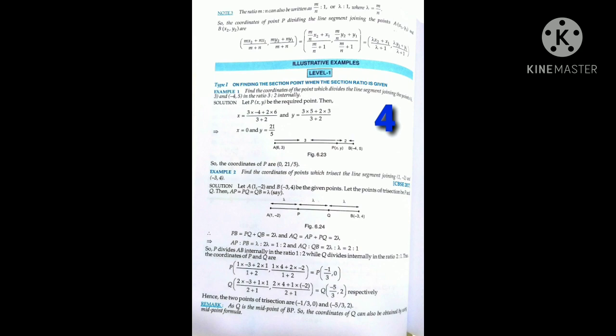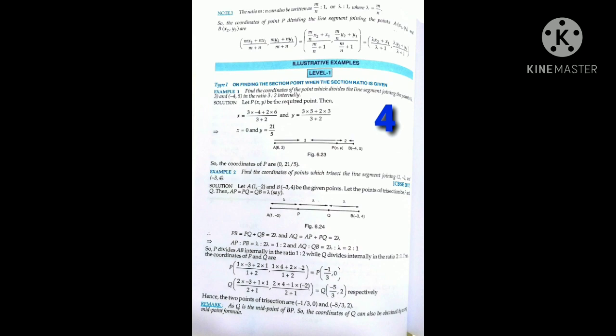That is, AP is to PB will be lambda is to 2 lambda, which will give us 1 is to 2. So the ratio of AP is to PB is 1 is to 2. And also AQ is to QB will be 2 lambda is to lambda, that is 2 is to 1.